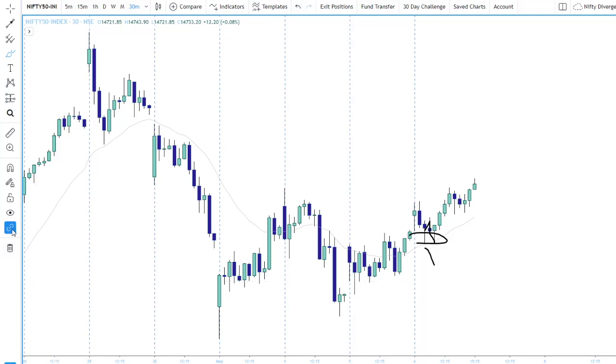So you cannot really get more than that sort of confirmation, right? You got rejection once, you got another rejection here, and right at a very nice support level, and the market is in an uptrend. Even if you look for too many confluences, like many things pointing to the same thing, like it's going to go up, then I think this is more than enough for you to take the trade, right?